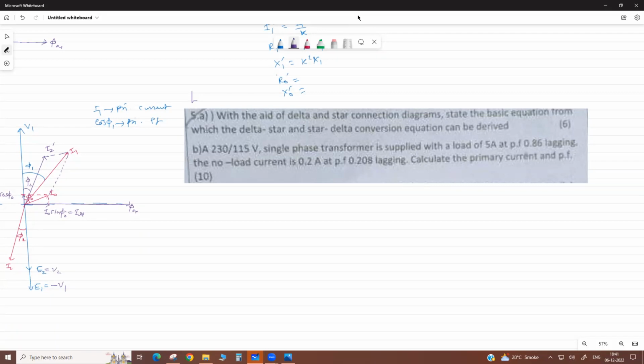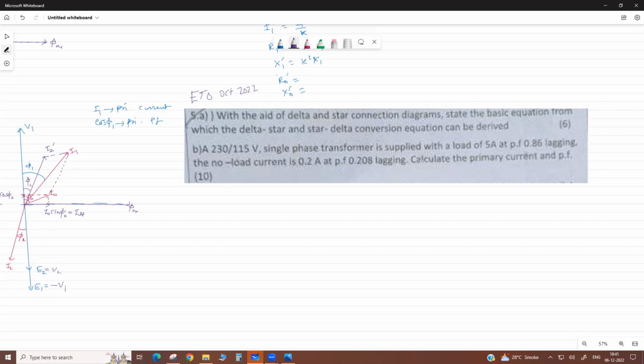It is asked in your ETO exam in October month, October 2020. With an add of star delta connection diagram, state the basic equation from which star delta or delta star conversion equation can be derived.